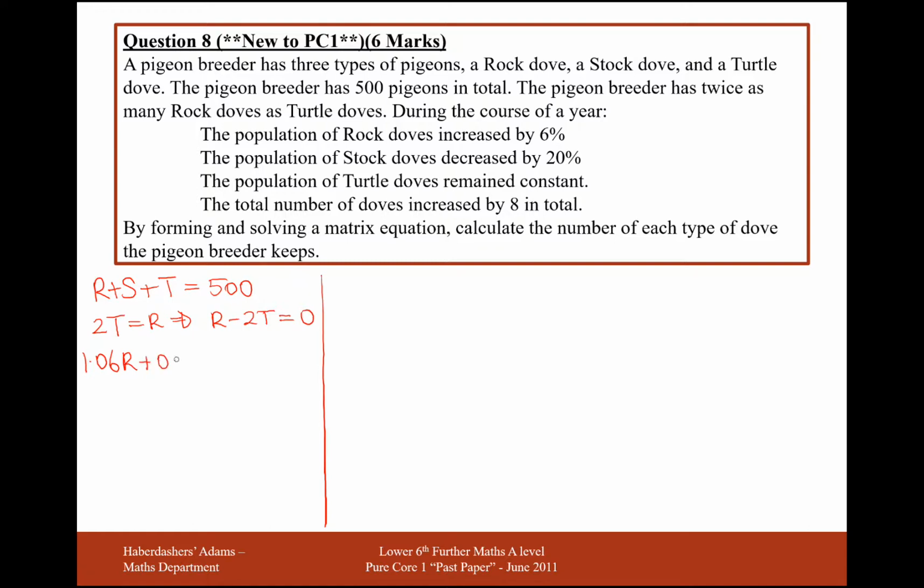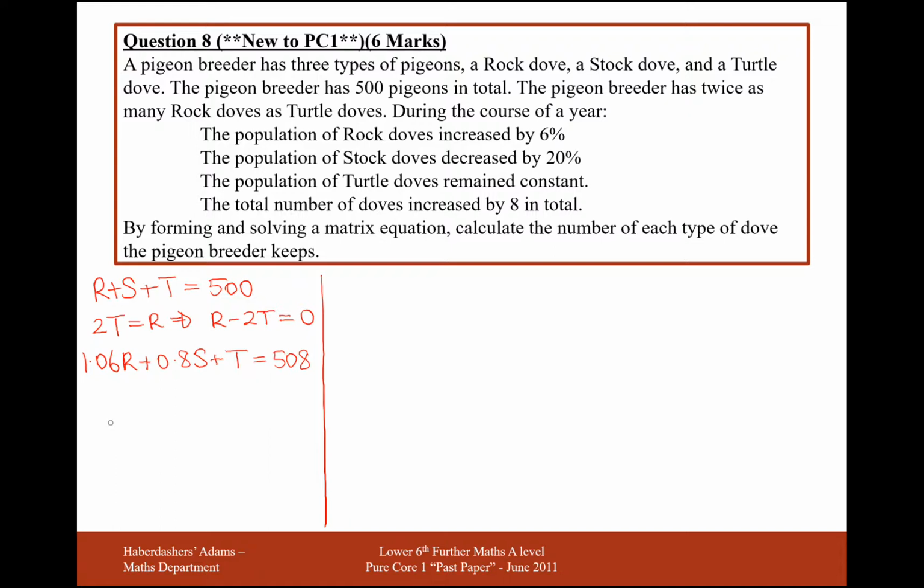So it's add 0.8s. And for the turtle doves, they remain constant, so we don't change them, they're still t. And the numbers increase by 8, so we now have 508 of those pigeons.